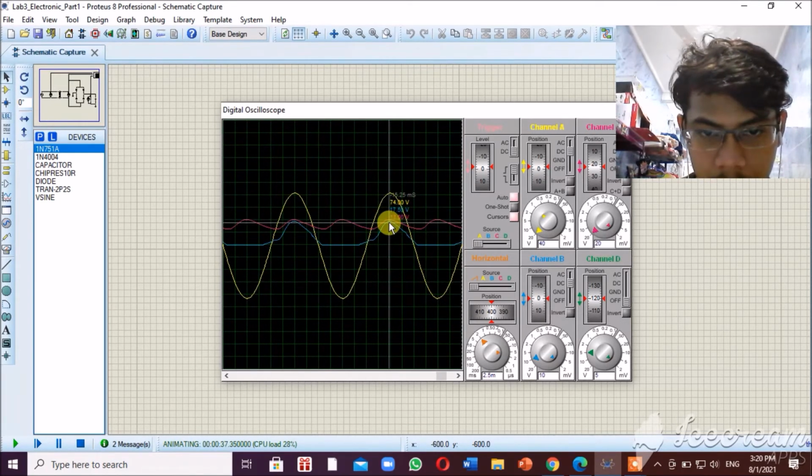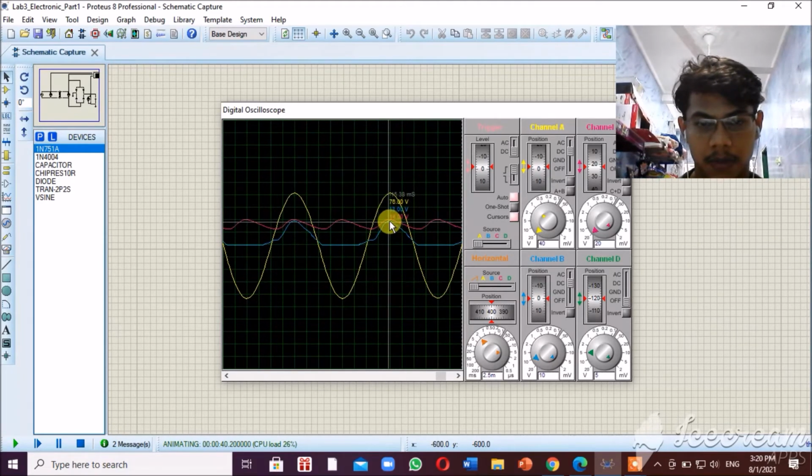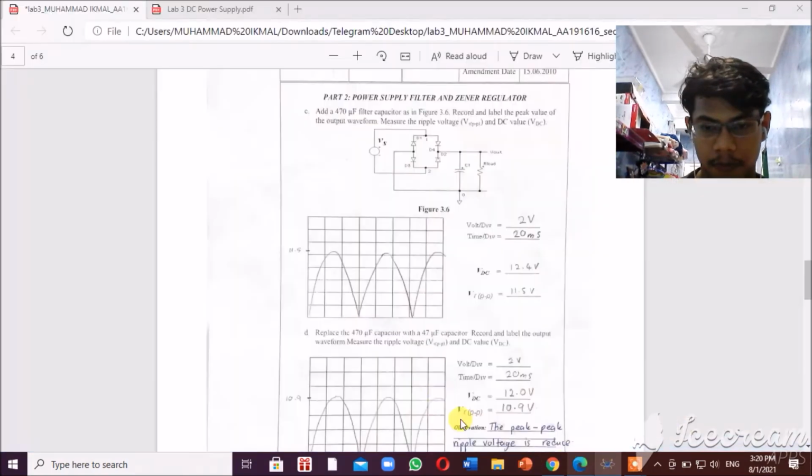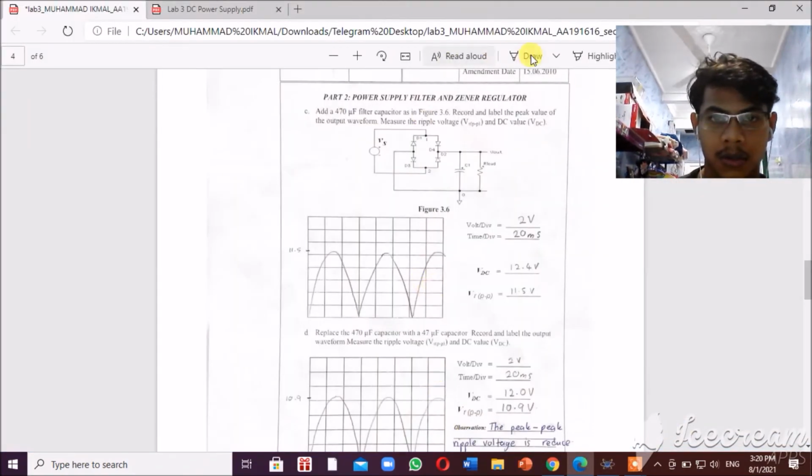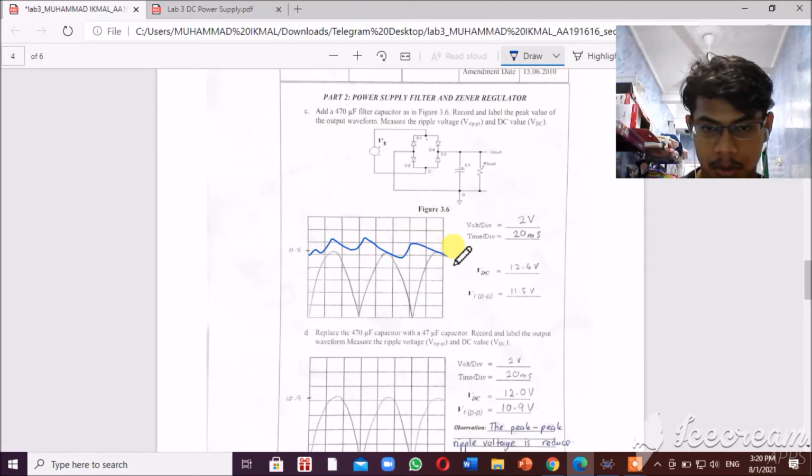You can see 19 volt and 16 volt. So let's refer to the graph. It should be like this.